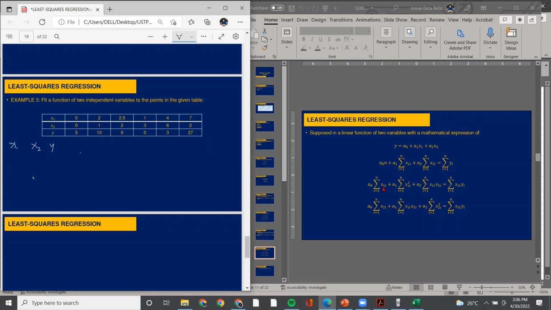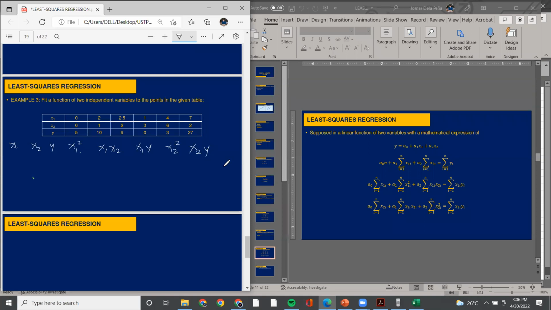In the first equation, we have x sub 1 squared, x sub 1 times x sub 2, and x sub 1 times y. Next, for the second equation: x sub 1 times x sub 2, x sub 2 squared, and x sub 2 times y.